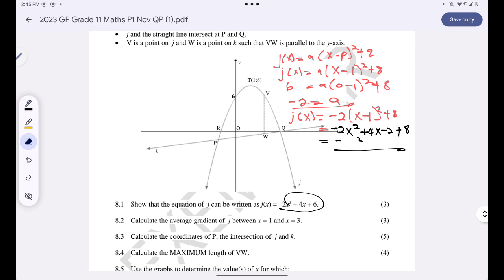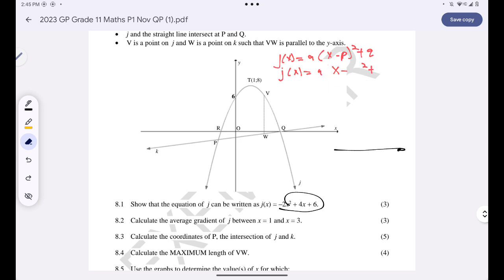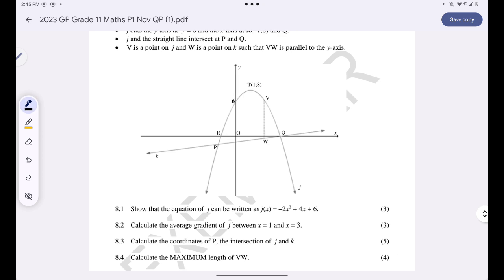They want me to find the average gradient of J between 2 points where x is 1 and when x is 3. Okay, the equation is J of x is equal to negative 2x squared plus 4x plus 6, right?